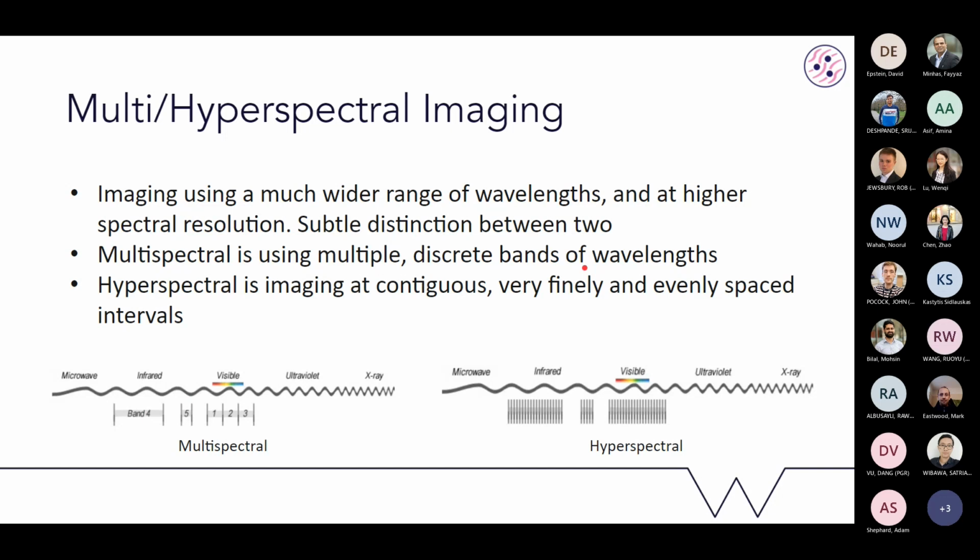So what can we do with it? Anything you can do with RGB, you can potentially do better by multispectral or hyperspectral imaging, just because you have more information available that you can potentially use if you can figure out how to use it.